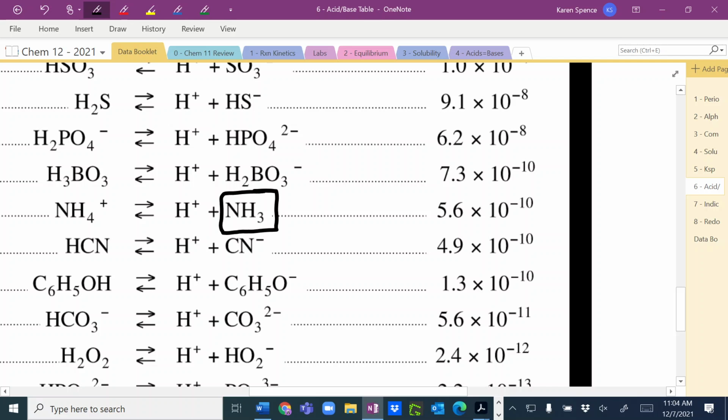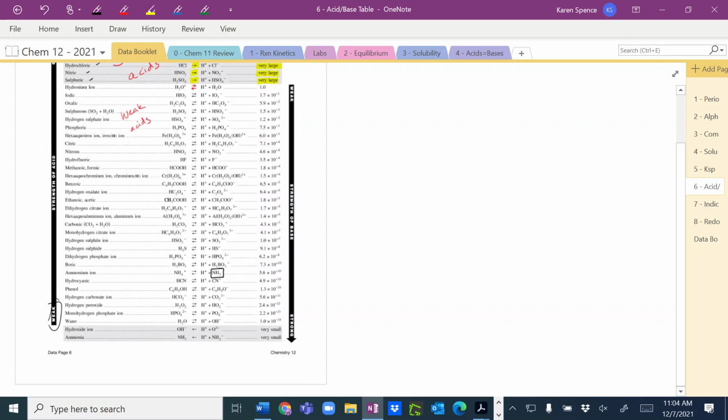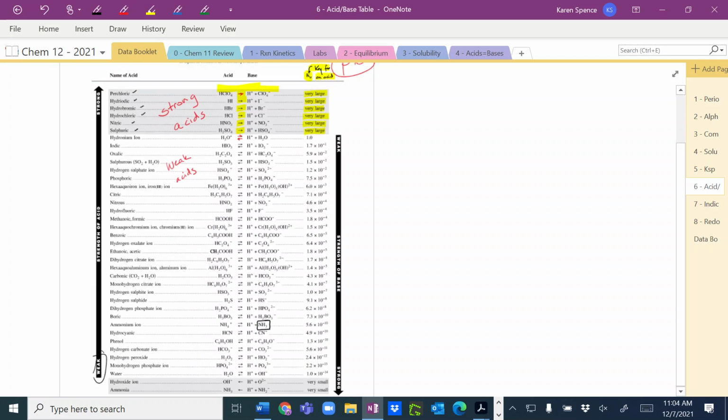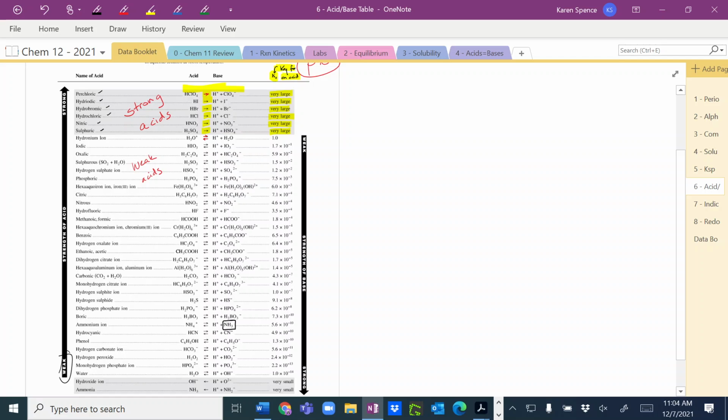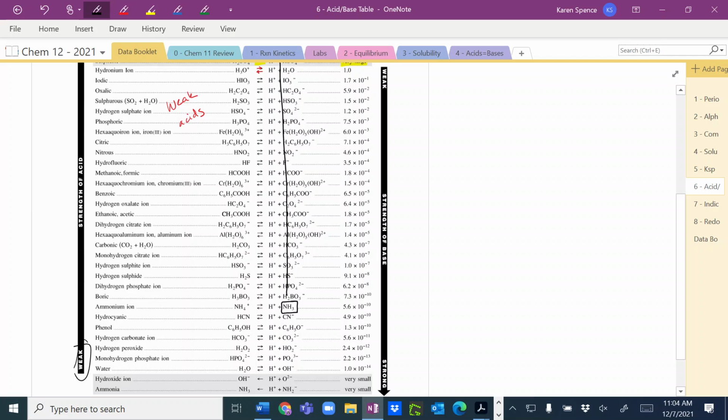It's on the right-hand side. What kind of substances are on the right-hand side of this chart? Look up at the top. What are they? They are bases. So what that means is that ammonia is a base.